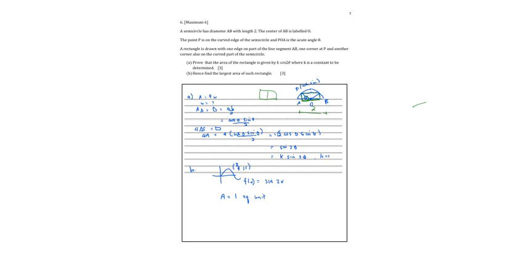I know there are four equal triangles here. So getting the area of one and then multiplying it by 4, I will get the area of the rectangle. So for the area of the triangle, since it's a rectangle, it has a right angle, so I can use base times height over 2.